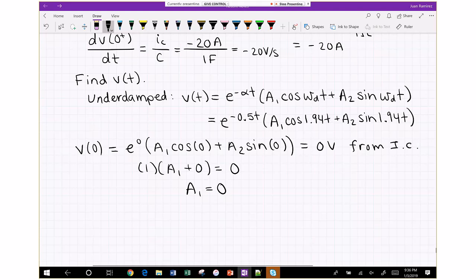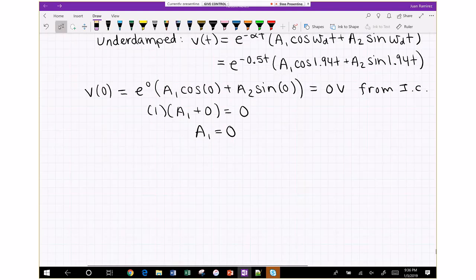Since we know A1 is 0, we could rewrite our voltage equation to be e to the negative 0.5t times A2 sine of 1.94t. The A1 is 0, so it eliminates the cosine term.